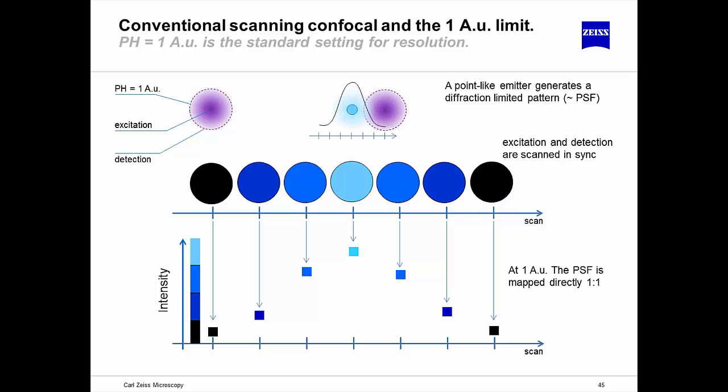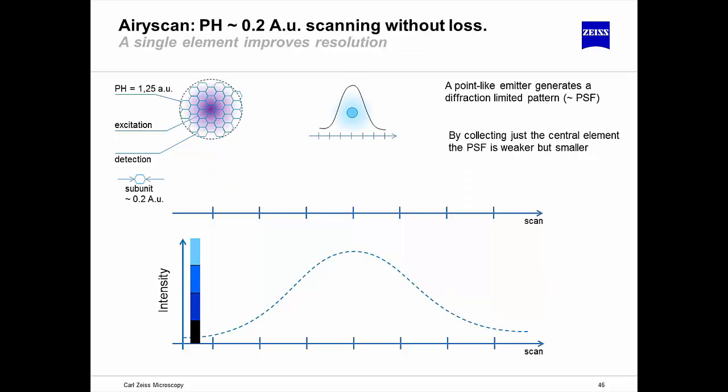And as you do that, you can map the PSF, you can work out what we call the full width half maximum, and you can see the resolution, which typically is about 240 nanometers with green light. With the Airyscan, I showed before that we don't have a single detector, we actually have 32 sub-elements.